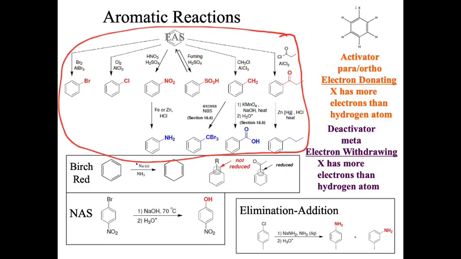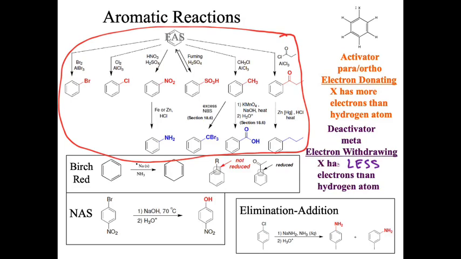This is atom X, copy-paste, has fewer electrons than a hydrogen atom. Well, what atoms have fewer electrons than a hydrogen atom? Hydrogen ion. We might say none of them. Well, a hydrogen ion has fewer, but if I have a hydrogen ion, it's not connected to the ring.